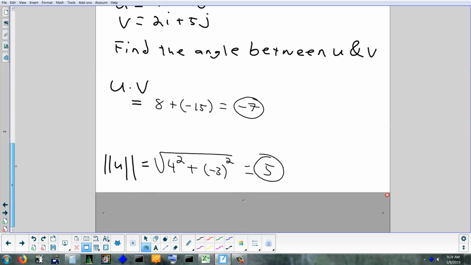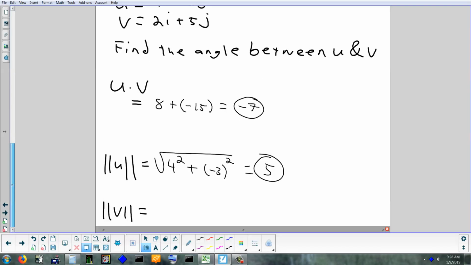Now let's find the length of v. What's that calculation going to be? 2 squared plus 5 squared. That's 4 plus 25, which is how much? 29. Square root of 29. So now we've got all three things. Let's fill them in.